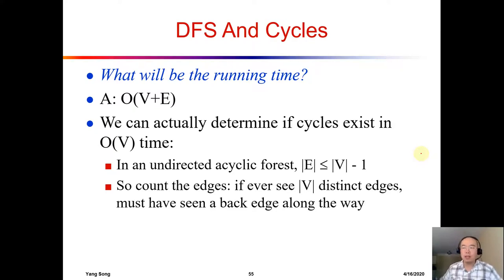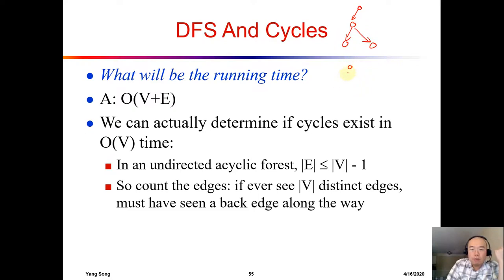Why? We have to understand, if we have a tree structure or a forest structure, what is the maximum number of edges we can have? For example, if we have 4 nodes, and we want to form a tree structure, we have only 3 edges.